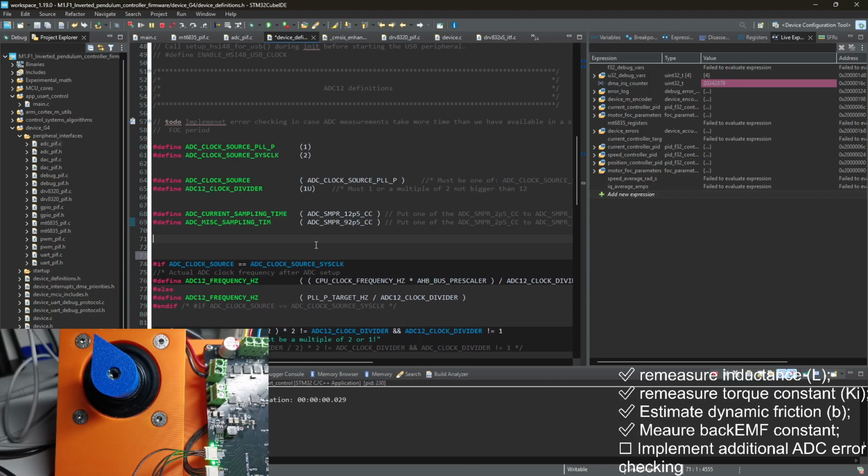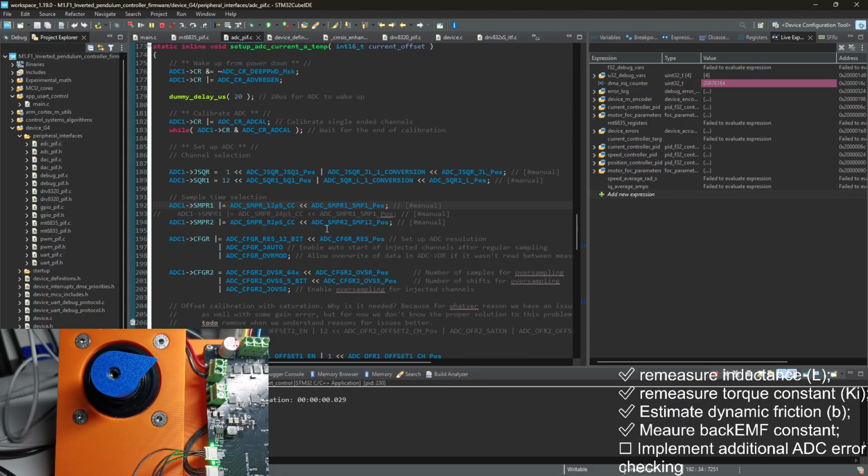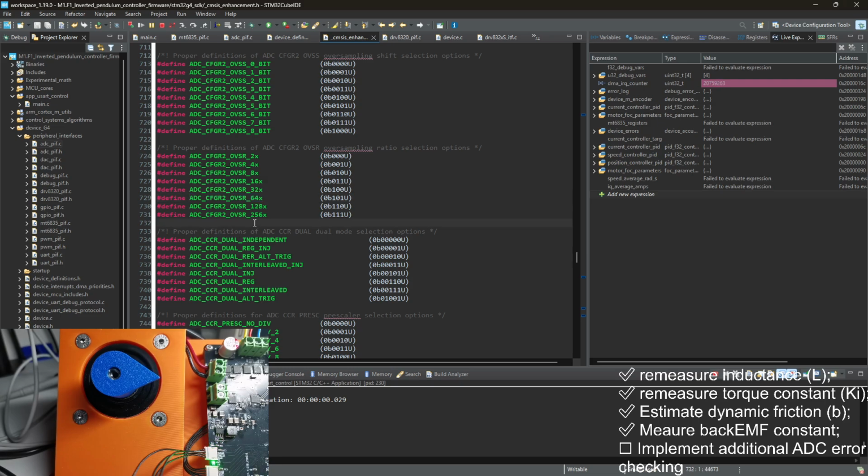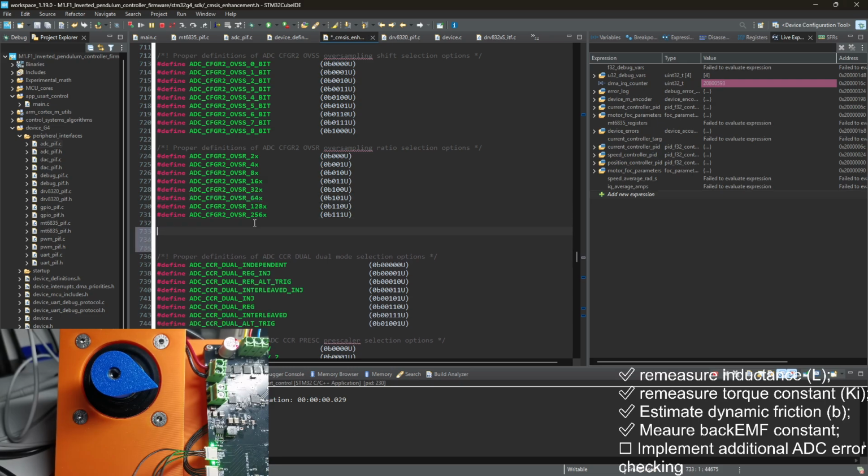We also need to define ADC current oversampling. And how do we define the oversampling? Like this. So we have options, and we need to add an array as well, but these options all look like a power of 2.